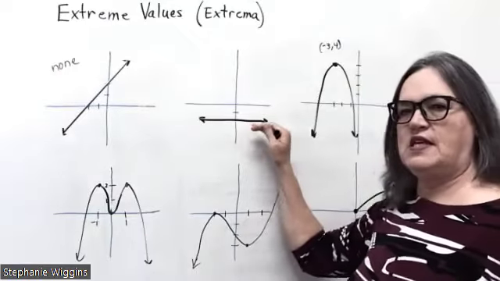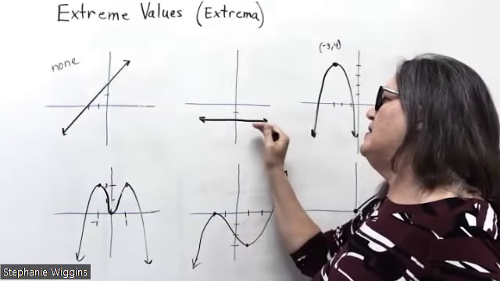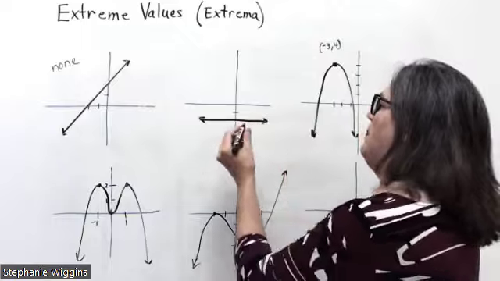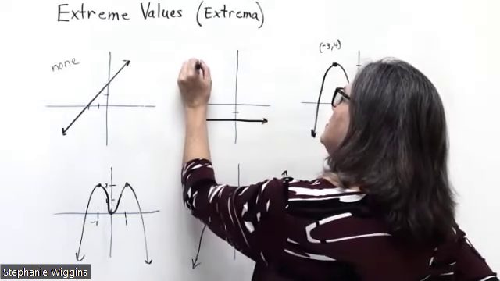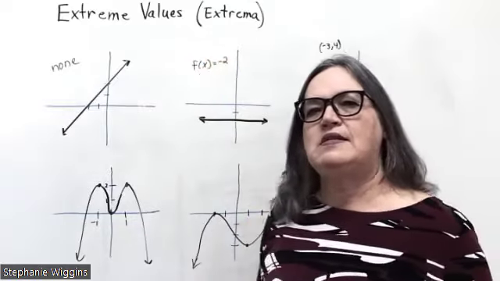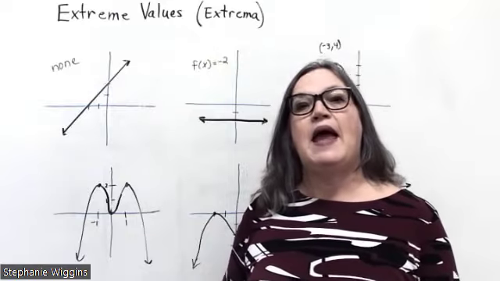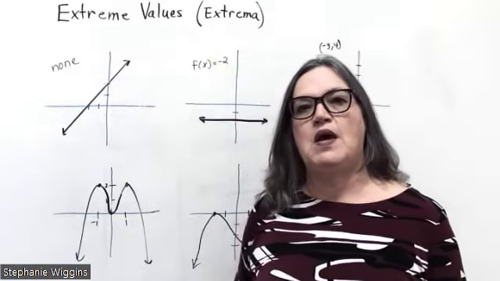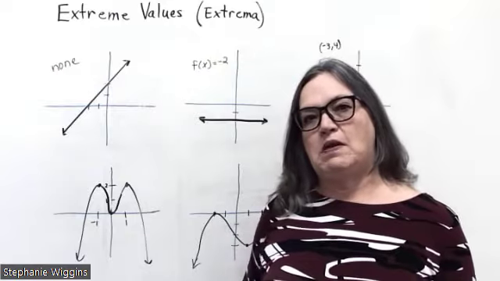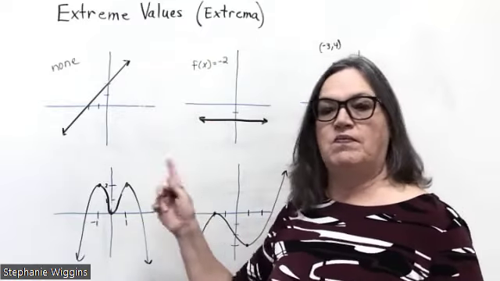Now here, this is interesting. This is also a linear function. It's constant. And it's the function f of x equals -2. So since it's constant, the maximum value is -2 and the minimum value is -2. And that maximum and minimum values occur everywhere.